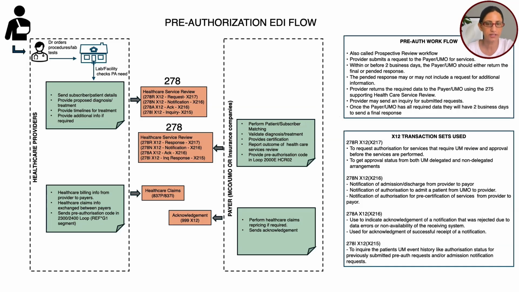It's a notification that the admission has happened, the authorization to admit a patient from the provider, and the authorization for a pre-certification of any service. That's again in the form of a notification file. Acknowledgements are exchanged by both parties in the form of a 278A acknowledgement file. And if there's any inquiry that has to happen, that's done in the form of a 278I inquiry file.